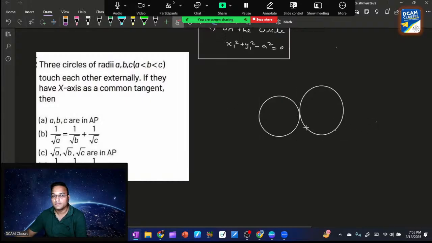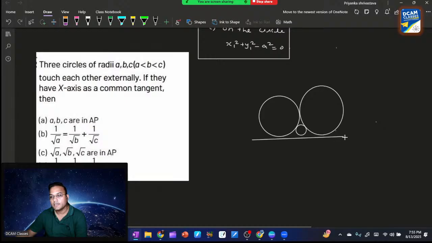The third one is like this. But still, I have to draw it more properly. Like this. And these circles are actually touching the x-axis.